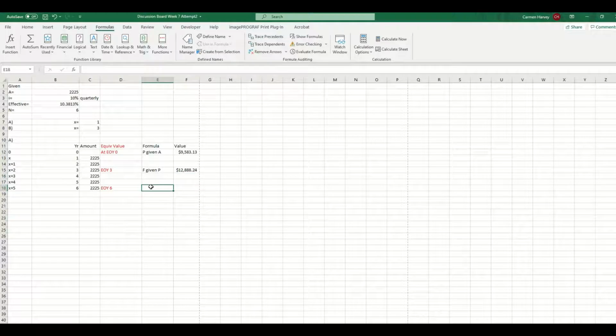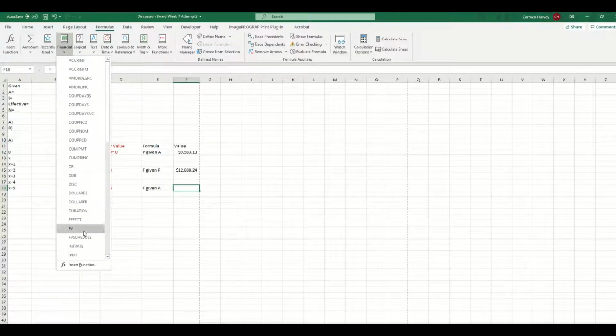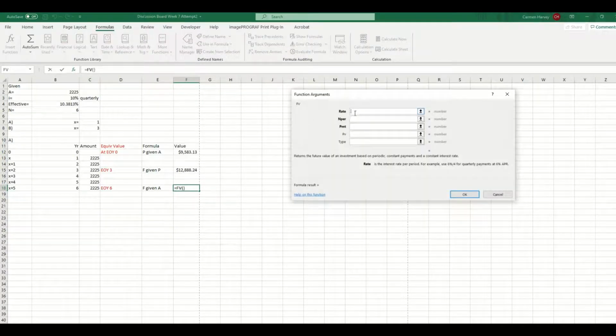So for this one, for the end of year 6, that would be your F given A, because you're looking at the total amount over the full 6 years. So in this one, we're looking for future, and the rate is going to be the effective interest rate here.